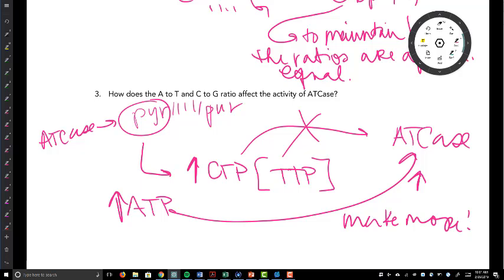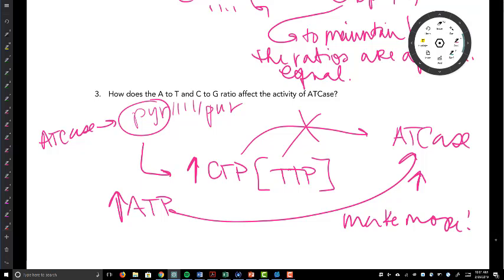Yeah, so if there's too much purine, ATCase needs to make more pyrimidines to keep up with the excess of the purines. So that's why ATP is going to go and turn on ATCase to make more pyrimidines. No, because ATP is a purine.